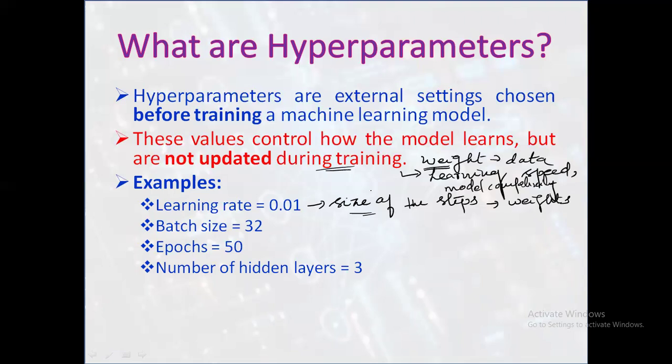This is what the learning rate says. For instance, a learning rate of 0.01 means the model adjusts its parameters moderately.